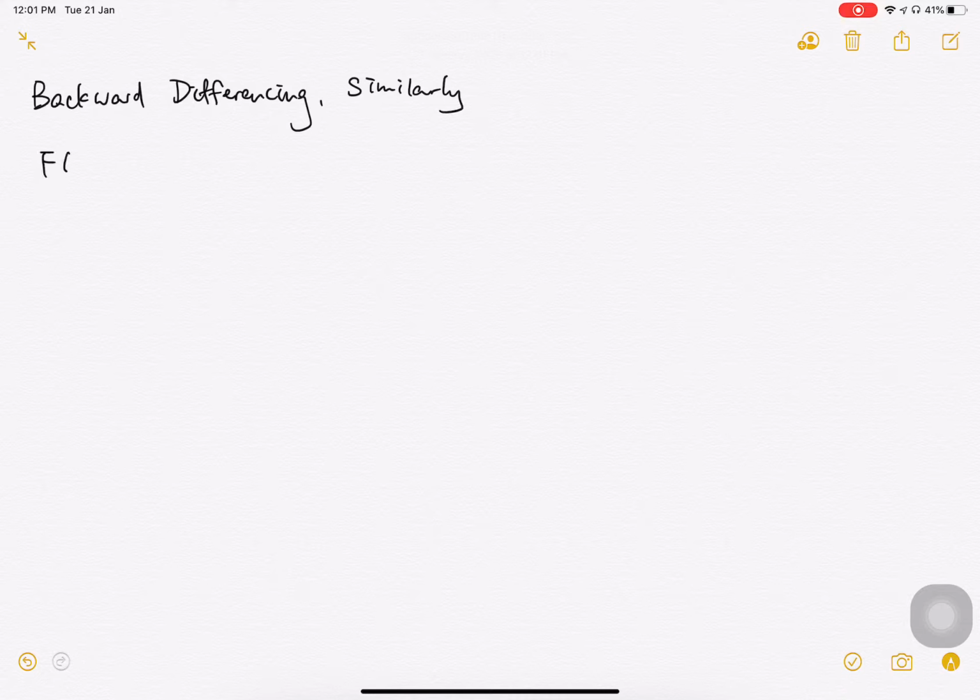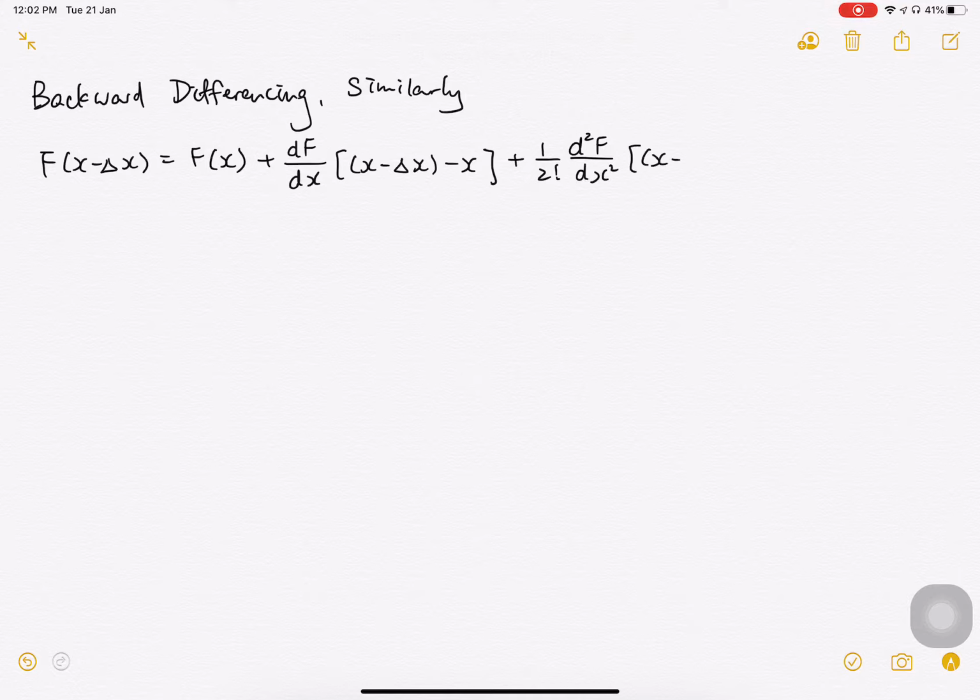Similarly, and then we rewrite this into a simpler form.